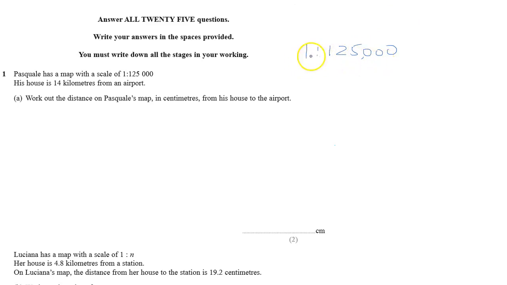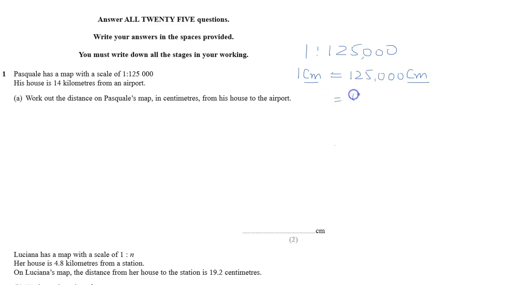Now when this scale is given, it means 1 centimeter is representing 125,000 centimeters. Both units must be same. Now the house is 14 kilometers, so we have to convert it into kilometers.